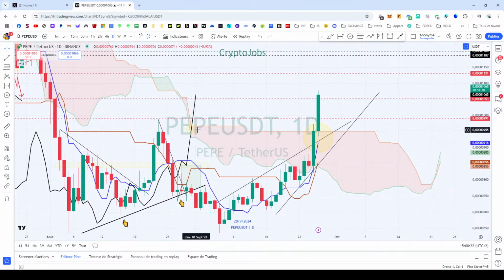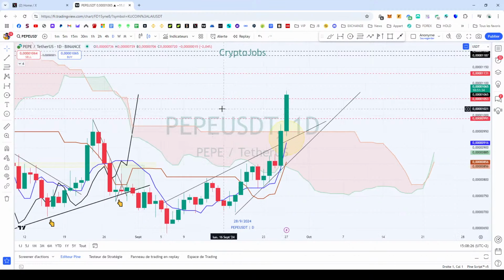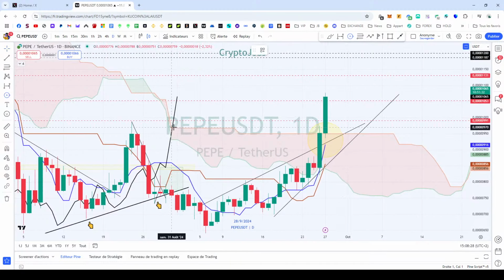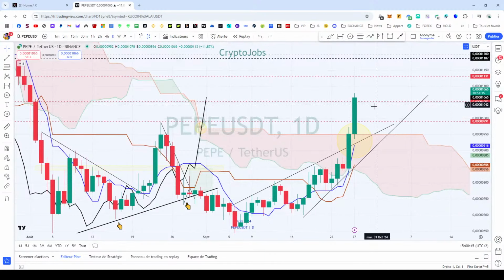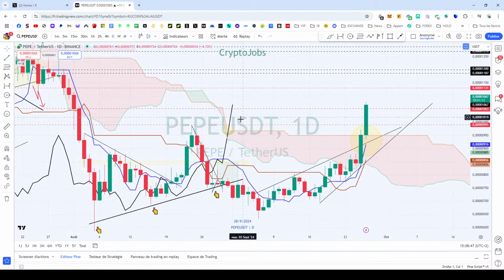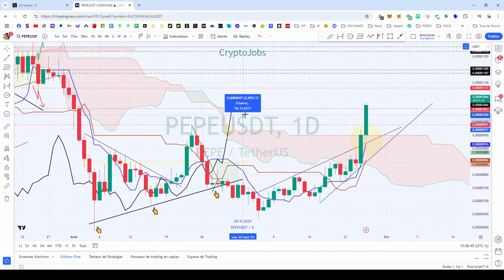So when I tell you every tool in Ichimoku, look at the accuracy. You had here a very tiny cloud, and when I said that the lagging span can break out and cross very easily a thin level like that, instead of a very large cloud like that, it's because I know what I'm talking about. And this is exactly what happened here.